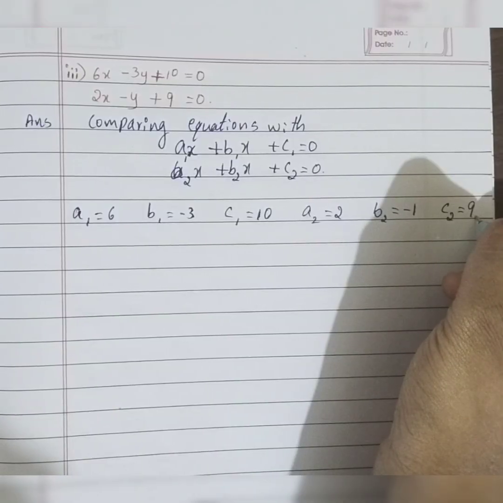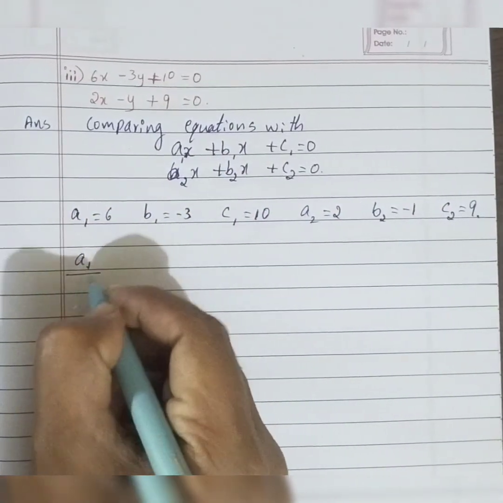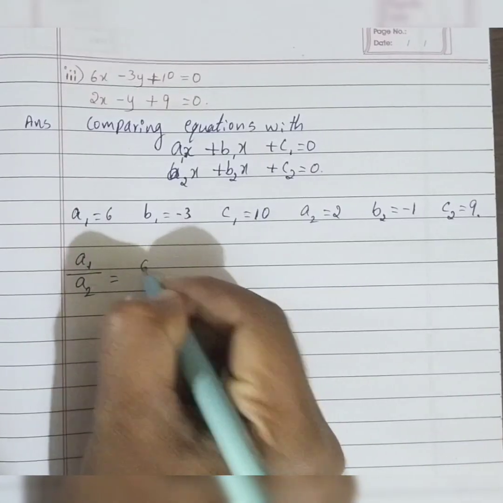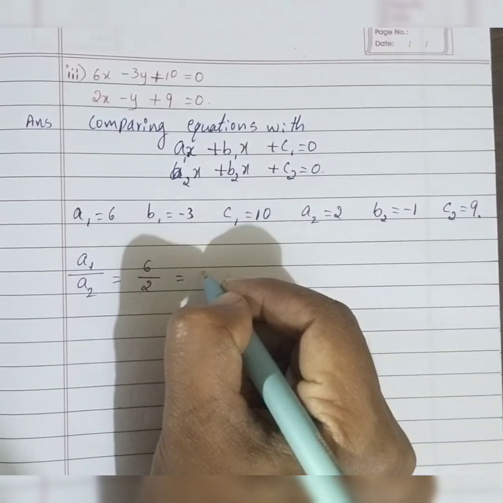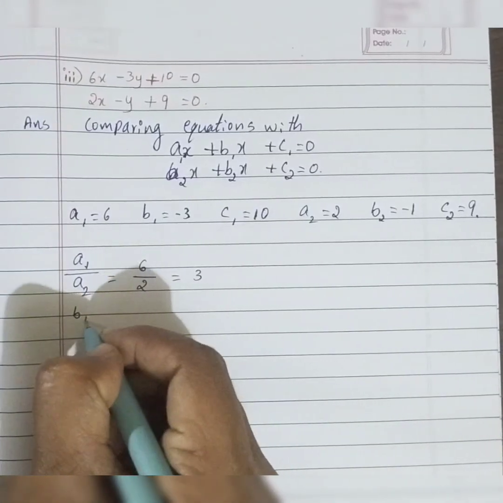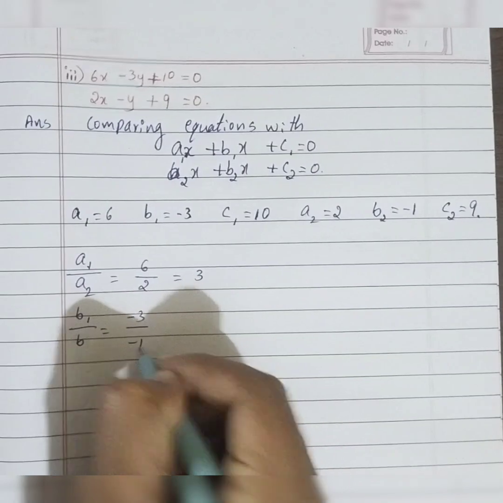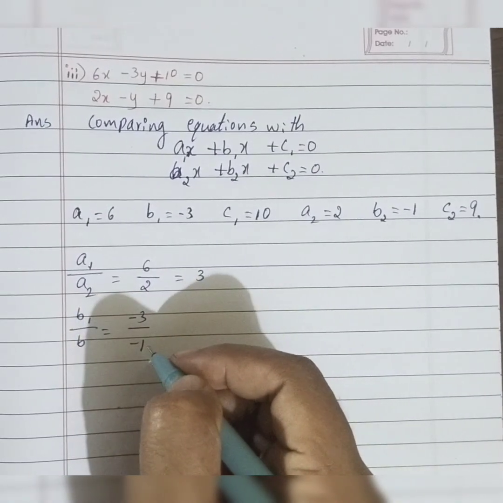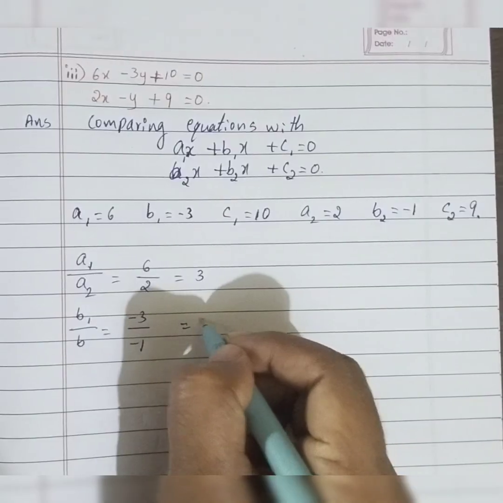Now we compare this equation in the form of a1 divided by a2, that is 6 divided by 2. We will get after simplifying this 3. Then b1 divided by b2, that is minus 3 divided by minus 1. After simplifying this, the minus and minus get cancelled and we will get the answer as 3.